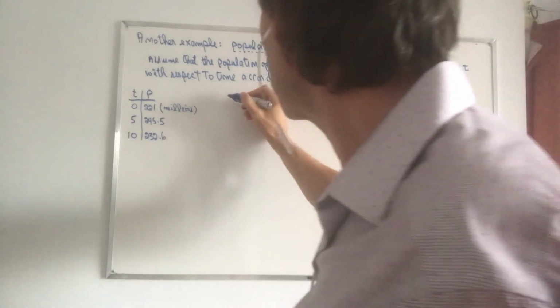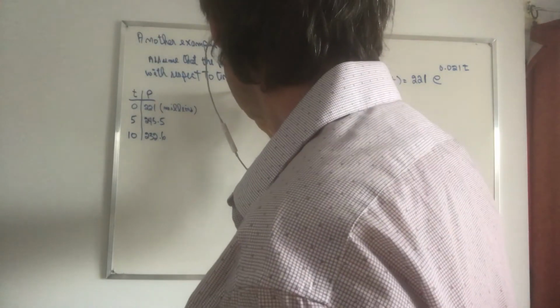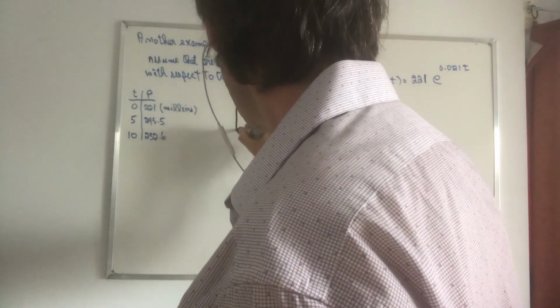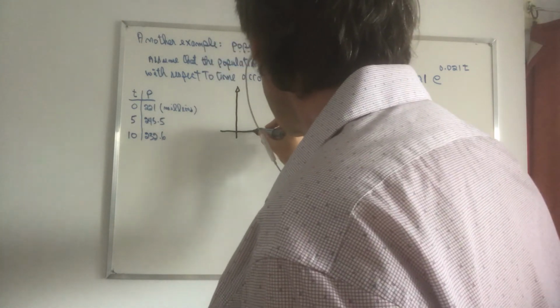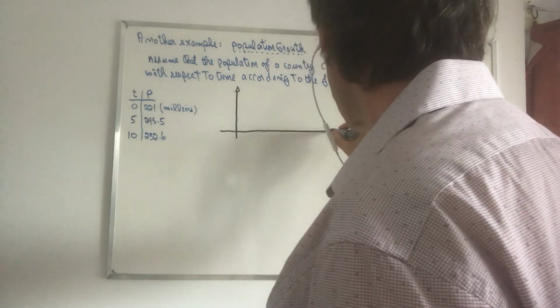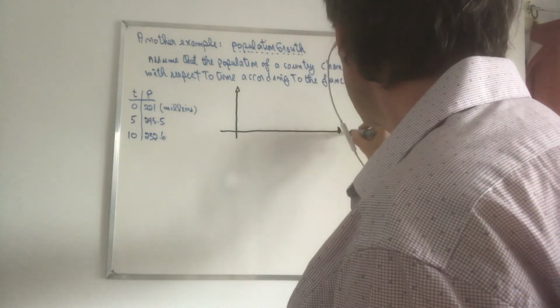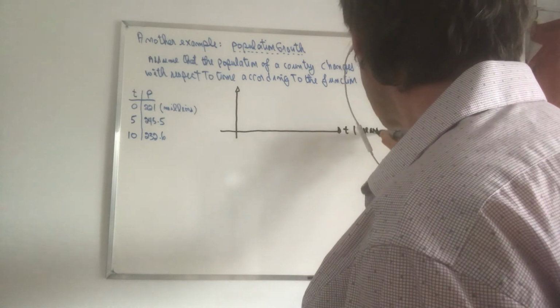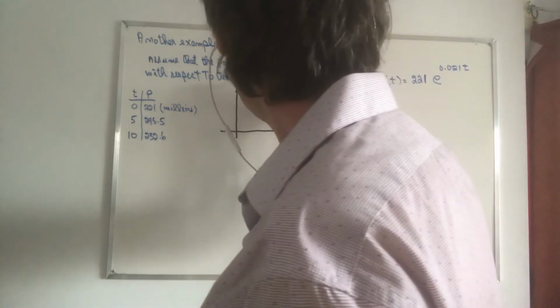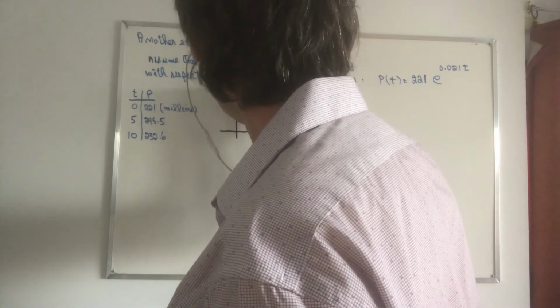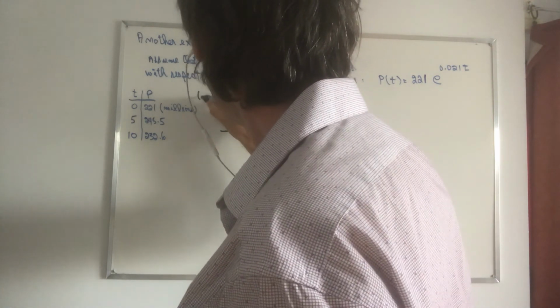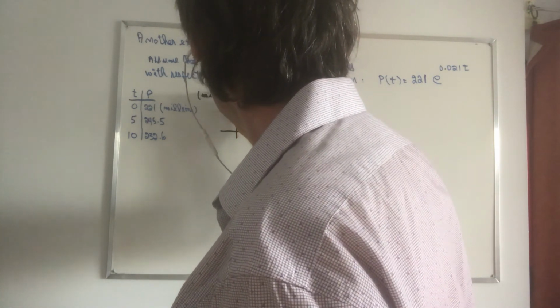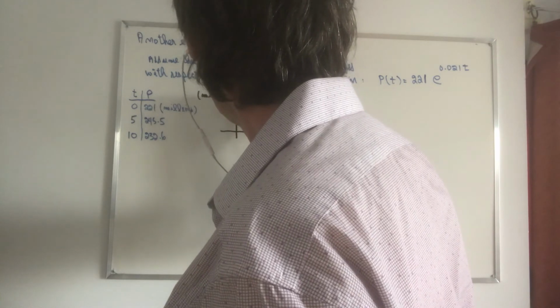And if I make a sketch of this, you remember the graph of the exponential function, guys? What it looks like, right? So this is going to be t, time in years, and this is going to be P, population in millions.